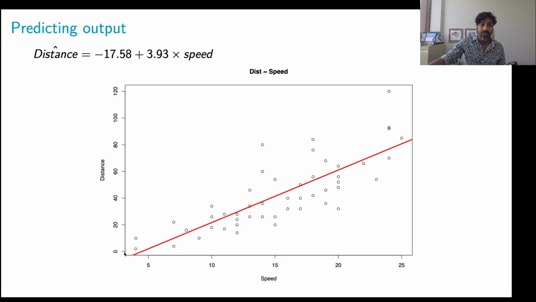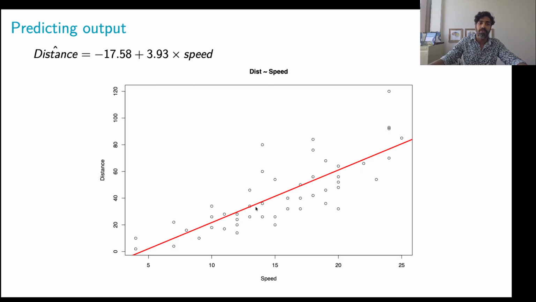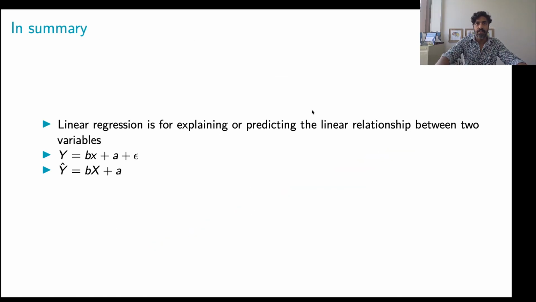If we had collected those values, this would be much more interpretable, because the model would see that it's 0 there. The 3.93 comes from here, that's the slope, and it's multiplied by speed.